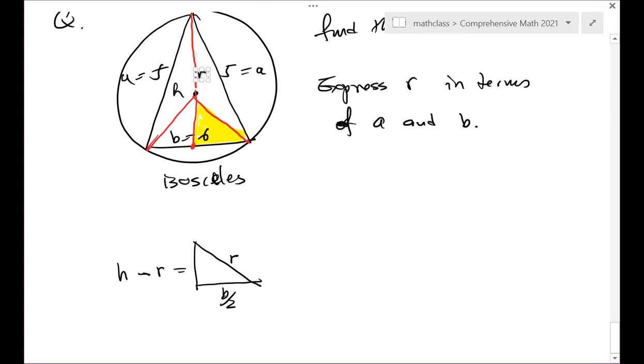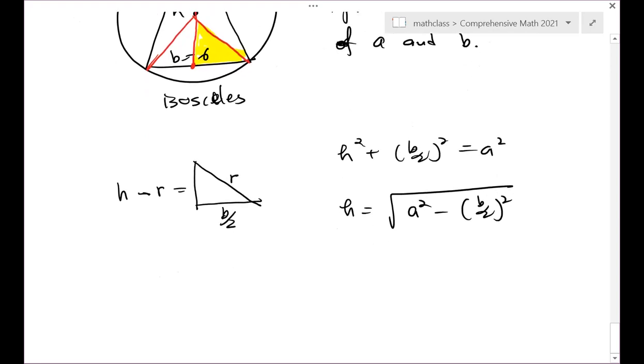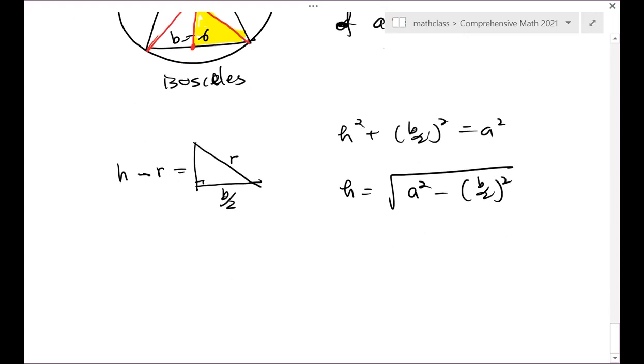And I can figure out what h is: h squared plus half of b squared equals a squared. So h can be expressed in terms of a and b. We keep it here. Now I apply the Pythagorean theorem again to this triangle.